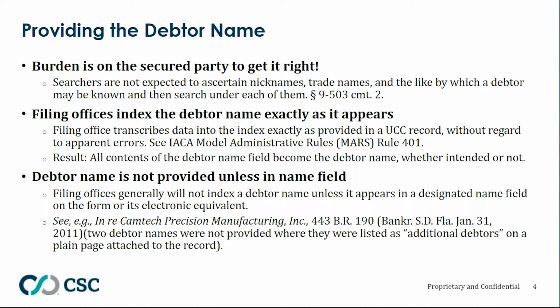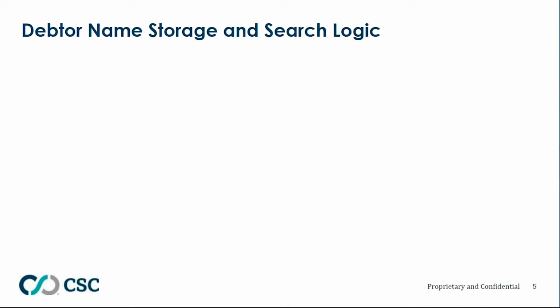And when the debtor filed for bankruptcy, those two debtor names were found not to have been provided, and therefore the secured party was not perfected in the security interest in the assets of those two debtors. So it's very important to remember, it's got to be in the name field, and whatever goes in the name field is the debtor name.